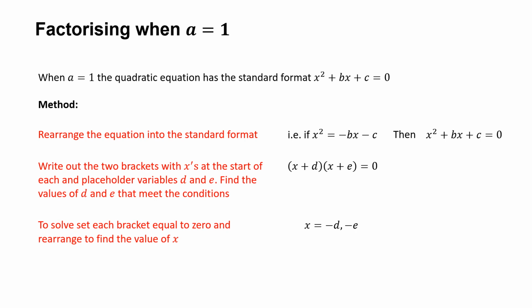Likewise on the other side, we set x plus e to 0, in which case x is equal to minus e, as minus e plus e is equal to 0, and therefore when we multiply it by x plus d, this also gives us 0. So the values of x which are going to satisfy this are minus d and minus e.